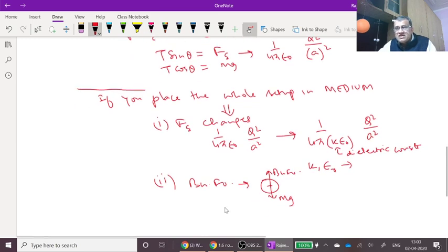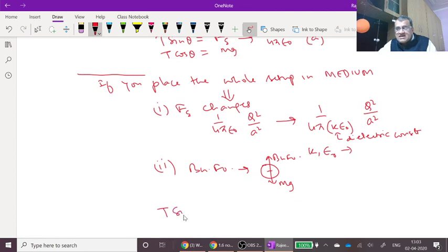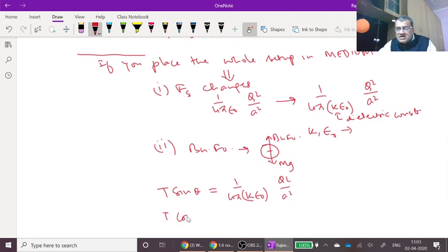And so now you see that T sin theta is equal to 1 upon 4 pi k epsilon naught, q square upon a square, and T cos theta balances not just mg but mg minus buoyant force. And buoyant force, if the mass or density of the volume or all those kind of things are given, then this is basically the weight of liquid displaced.